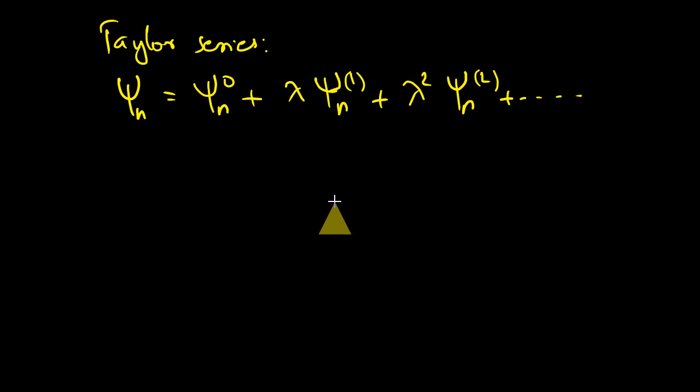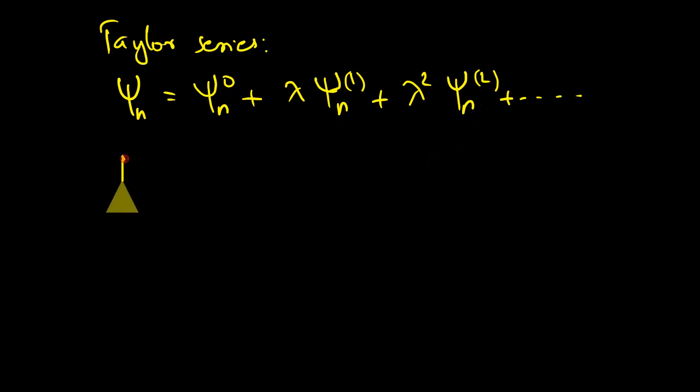So this is a Taylor series, and we can express the wave function of the perturbed system as the wave function of the unperturbed system plus lambda psi n1 plus lambda square psi n2 plus lambda cube psi n3, etc. You already know what psi n1 and psi n2 are. This is a first order correction term, and this is a second order correction term.